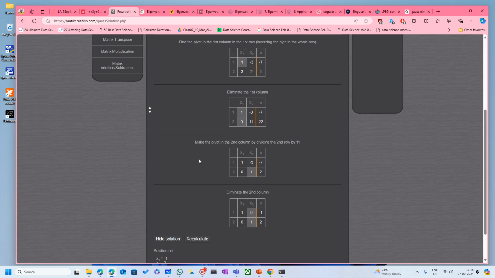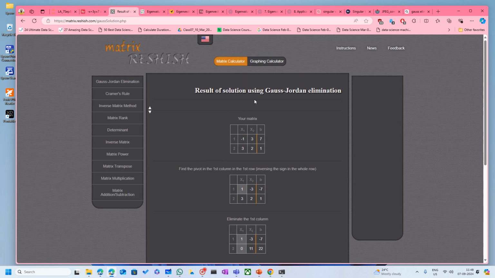So in the Gaussian elimination method, the non-diagonal elements have to be made 0. By doing that, you will easily solve for the values.